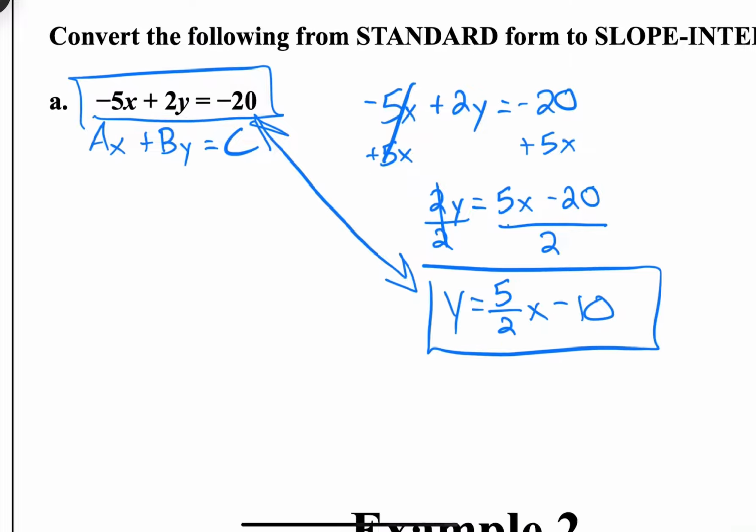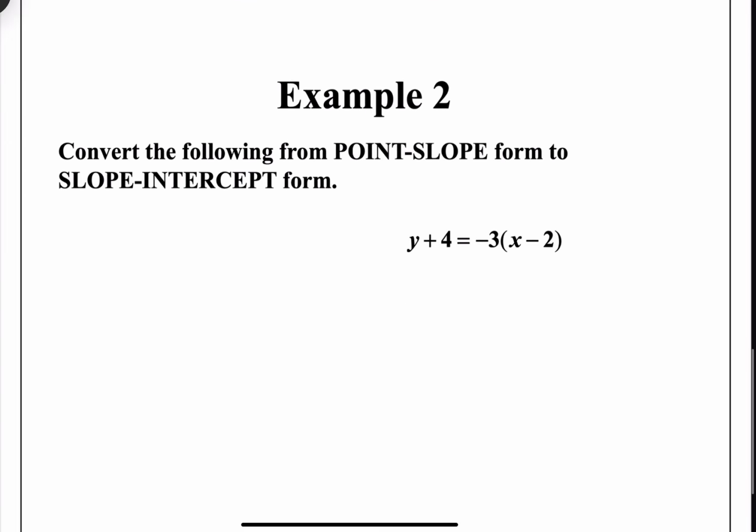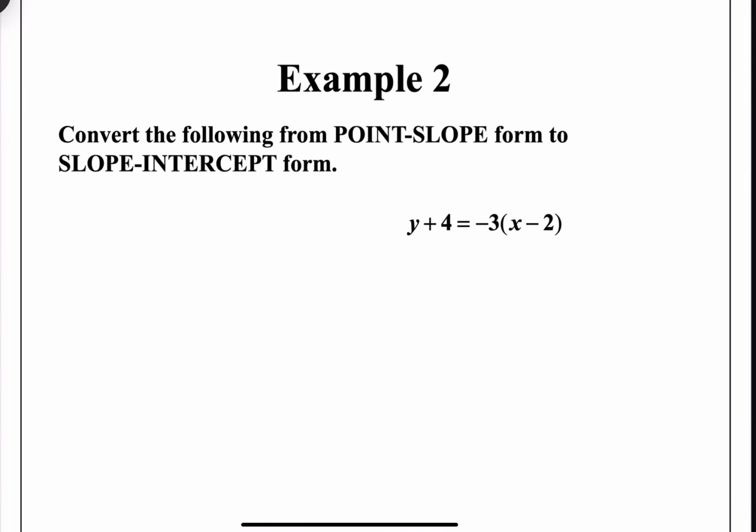All right. And our last example here is to convert this equation, which is in point slope form, to slope-intercept form. Again, point slope form is when we have y minus y1 is equal to m times x minus x1.